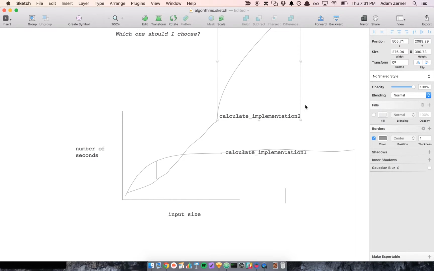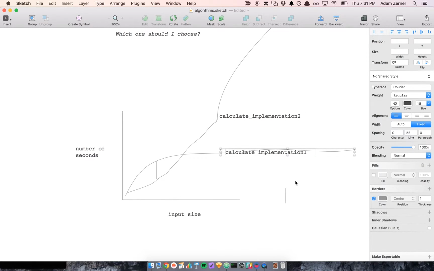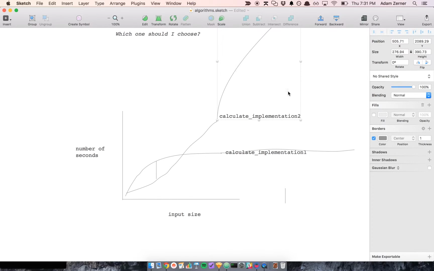So we often care about these worst case situations. We want to have an algorithm that supports large input sizes, and here 2 doesn't seem to even be plausible for a big input size.